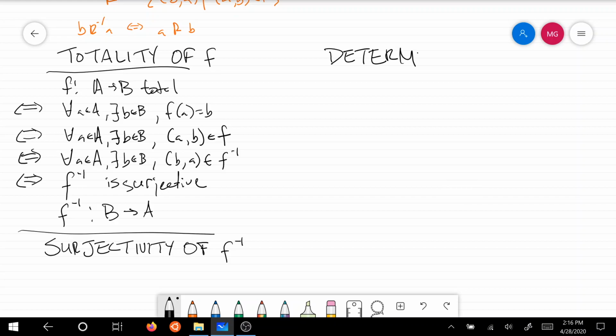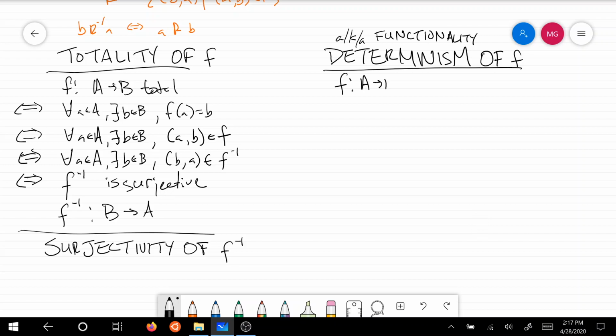or functionality. Right? This is the thing that makes something a function. Okay, what do we know? Okay, f from A to B is deterministic. Okay, what does that mean?